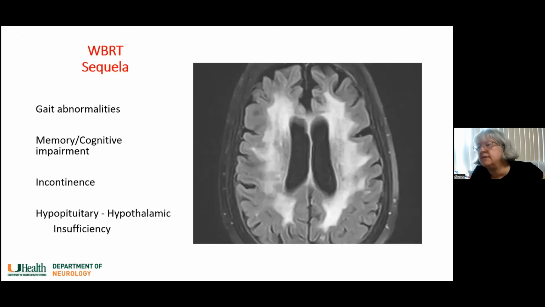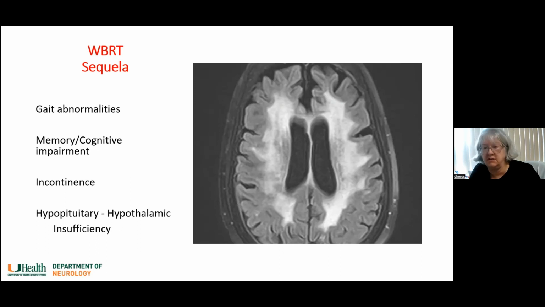So just to remind us of the sequelae of whole brain radiation therapy, it produces diffuse atrophy over time, as well as a leukoencephalopathy with compensatory ventriculomegaly. This is not hydrocephalus that responds to shunting.